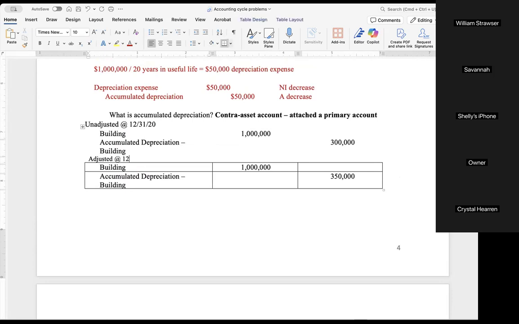And this was the adjusted balance at 12/31/20. Which one of these is incorporating all of the information from 2020, the unadjusted or the adjusted? The adjusted. Exactly. So this is what we want to focus on.